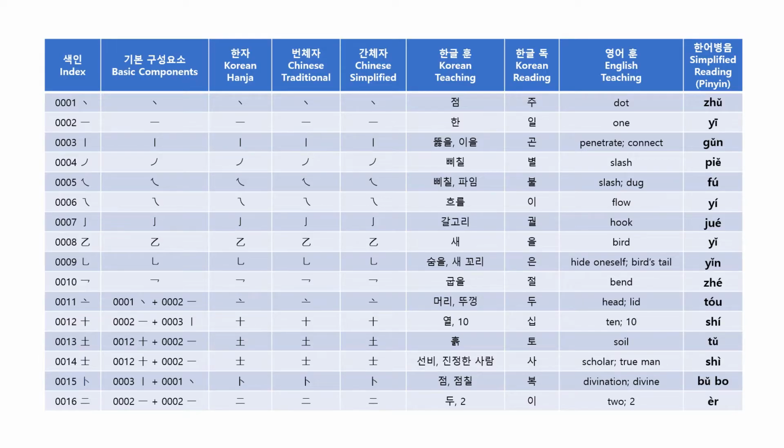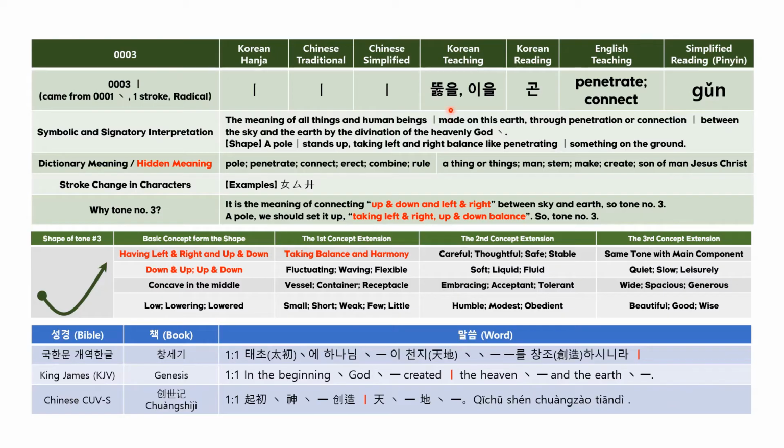In the index of the book, we are here, the third character. Penetrate, connect, guan. In Korean language, we call it 뚫을권, 이을권.